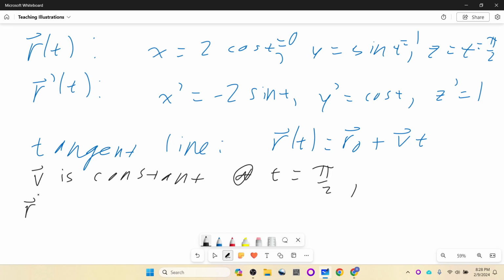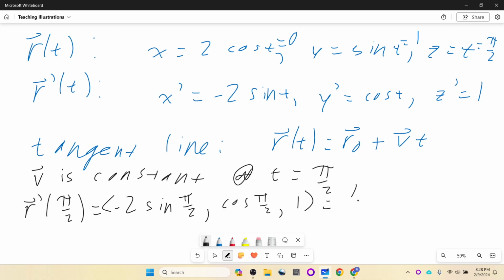Well, r prime of pi halves is -2 sine pi halves, cosine of pi halves, 1. Sine of pi halves is 1, so it's -2, 0, 1. So that's my velocity, -2, 0, 1.